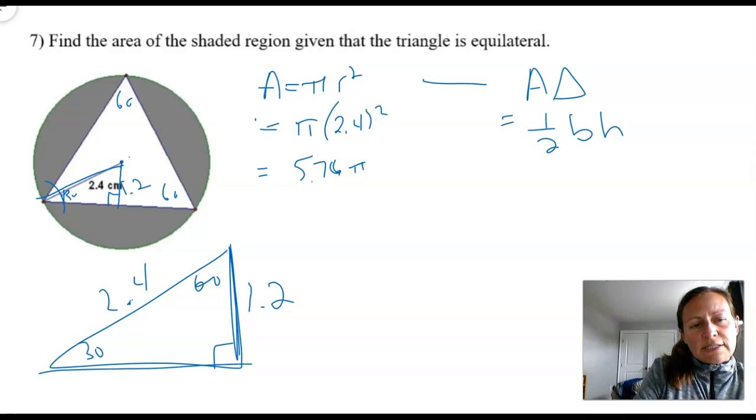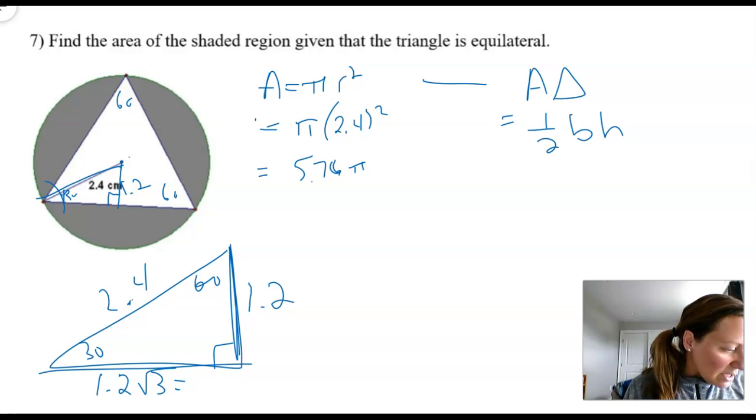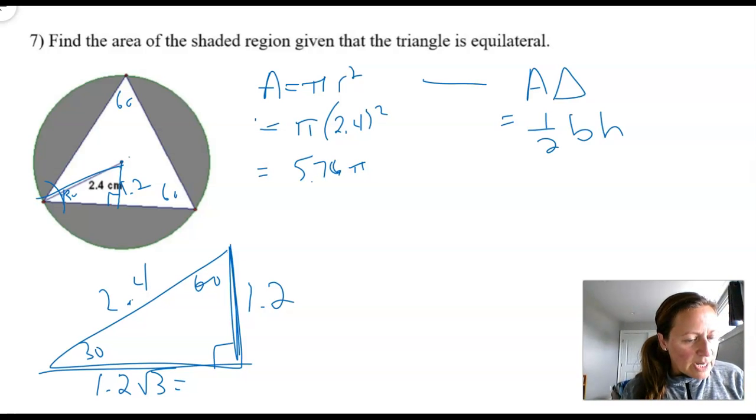The bottom part is the long leg of the 30, 60, 90 triangle, and that's going to be 1.2 times radical 3. Now I'm going to go off on my calculator and do that, and I'm going to give you a chance to do it while I go. I have only my phone calculator with me right now. It's going to take me a little extra time, but I'm going to do square root of 3 times 1.2. I don't like the phone calculator personally, but I know how to use it.